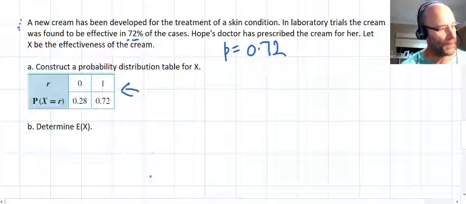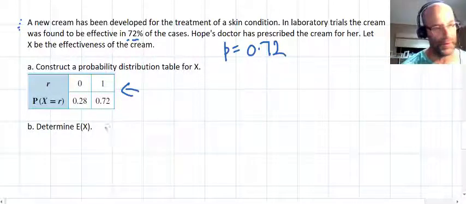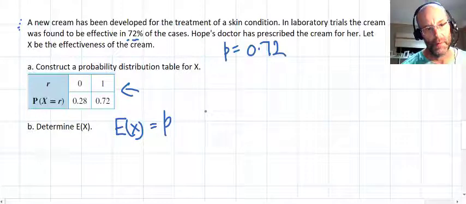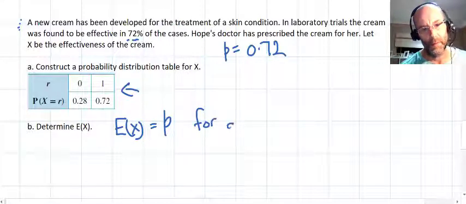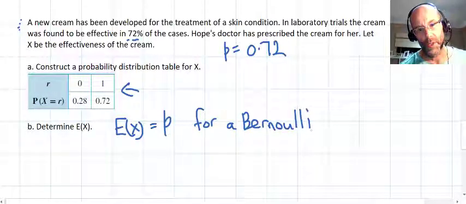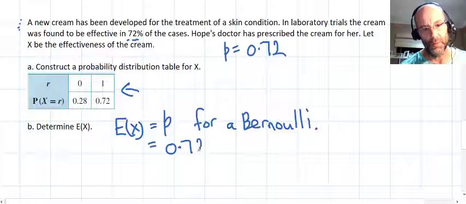Well, the mean is simply p. So for a Bernoulli distribution, E of x, or the mean, is 0.72.